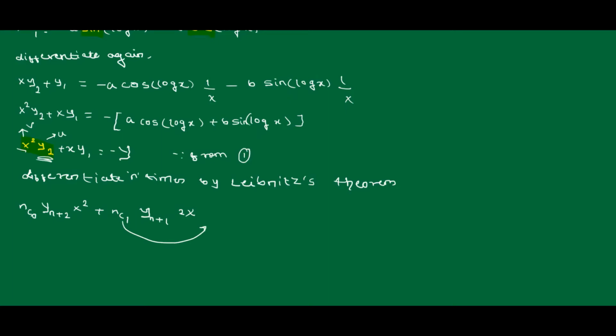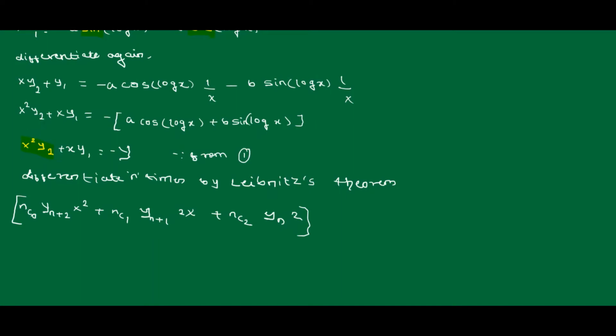Next we write nC2. y(n+1) is over, in decreasing order you write yn. Next, 2x, its differentiation is 2, and the differentiation of 2 is 0. So this is the nth derivative of the first term only, that is x square into y2.